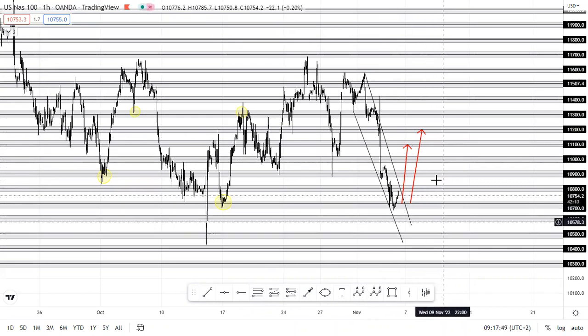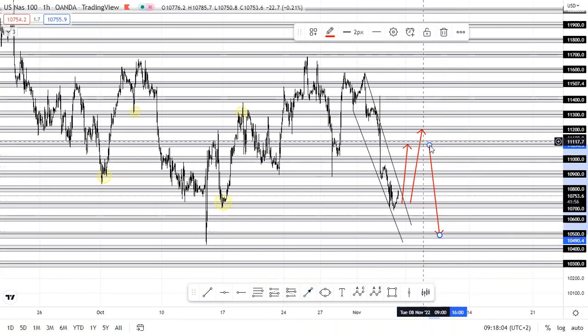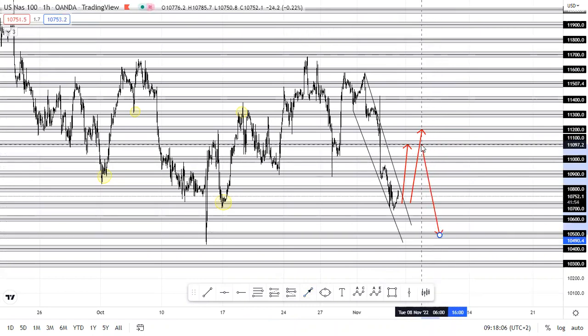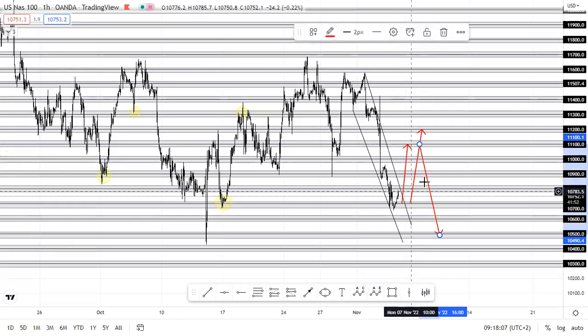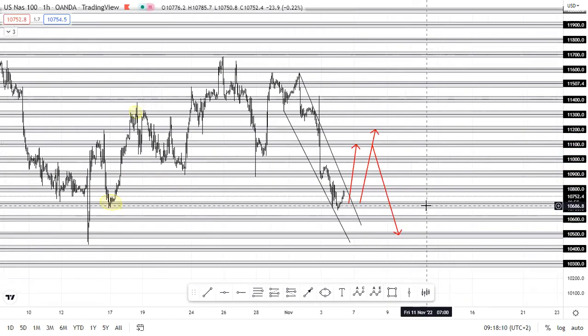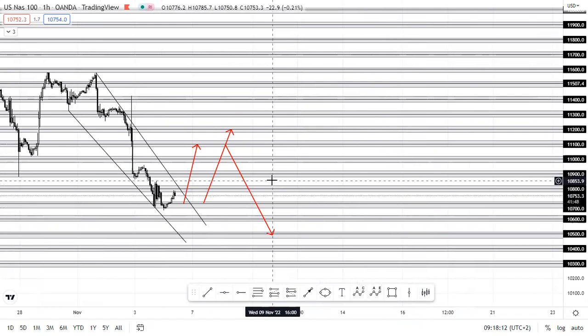But in the end, I predict that NASDAQ will come here and then start selling. We would be looking at a structure kind of like a head and shoulders type of thing. But for now, we're going to focus on the buy.